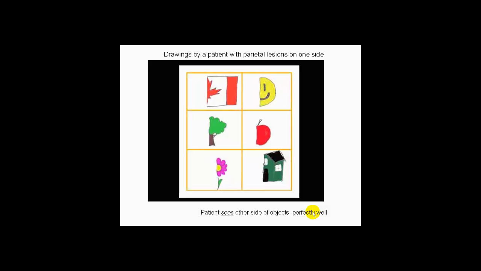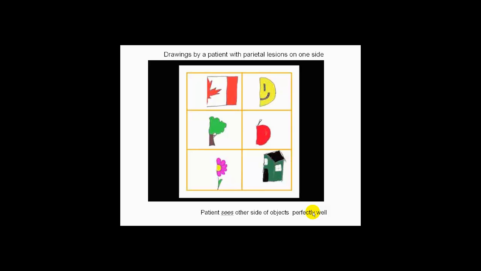This is a picture of drawings made by a patient with parietal lesions on one side. Now, this person can see bilaterally perfectly well, but each one of these pictures is only half the object. It's only what's going to one hemisphere and not the other hemisphere.